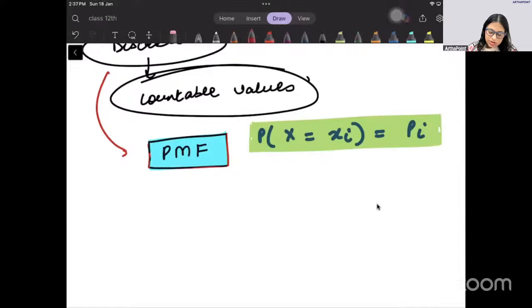Okay, so take an example. Let's say I give you a very basic question that x can take 3 values: 0, 1, 2.